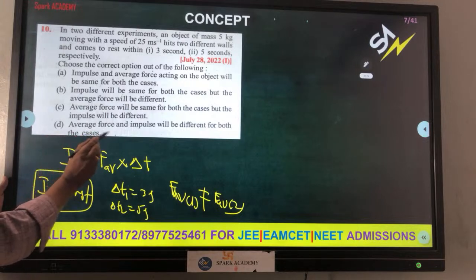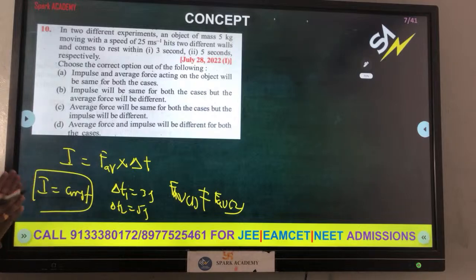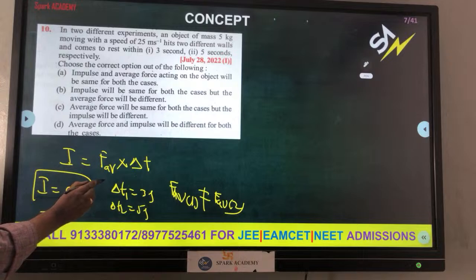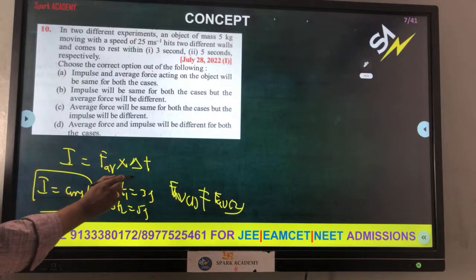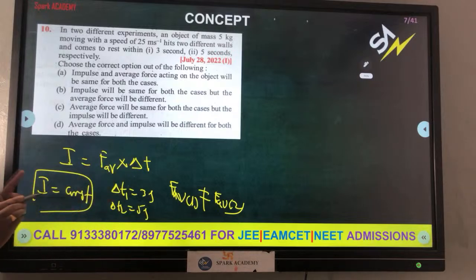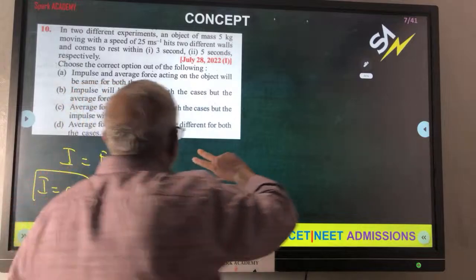Lastly, average force and impulse will be different for different cases. That is wrong. During this process, impulse remains constant. Force is variable: force increases when delta t decreases, and when delta t is more, force will decrease. So the correct option is: impulse will be the same for both the cases, but the average force will be different. This is a critical question.